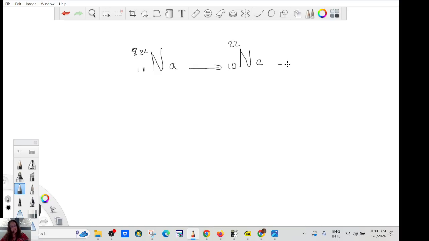And here, are we okay or not okay? How many protons do we have? 10, so we are missing what? What did you say? Hydrogen? It could be hydrogen, yes, but not in radioactive decay.